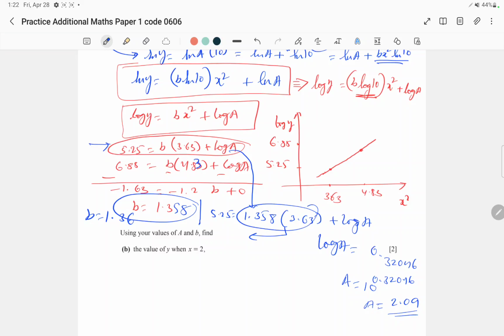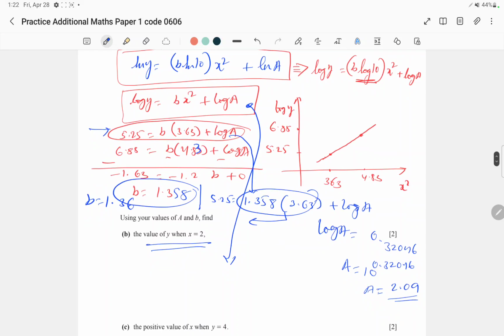Using the values of a and b, find the value of y when x is 2. I will use this result: log y equals bx square plus log a.